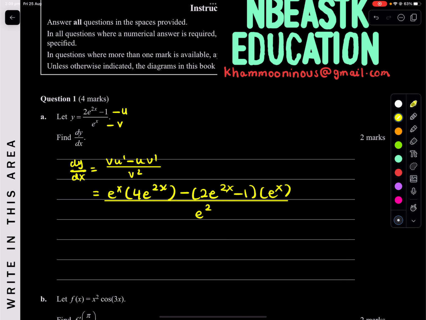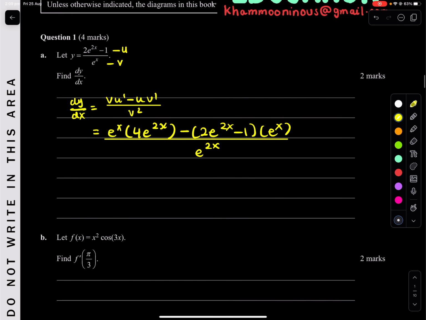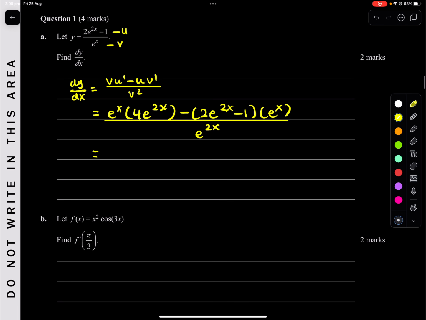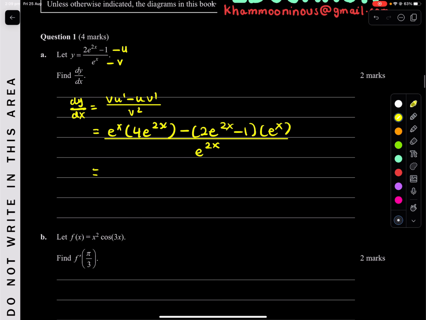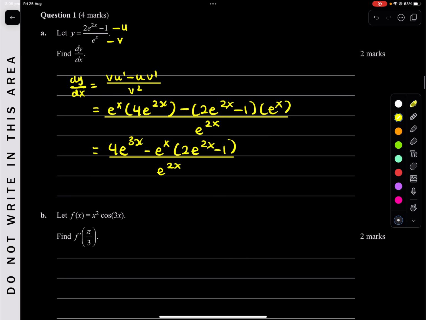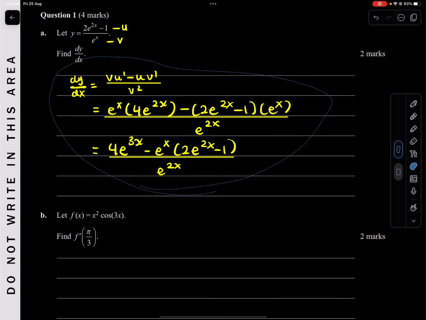all over e^x squared, e^2x. Okay, what we can do is we can see if we expand this, it'll be 4e^3x minus e^x (2e^2x minus 1) all over e^2x. Okay, so I'm just going to move this up.